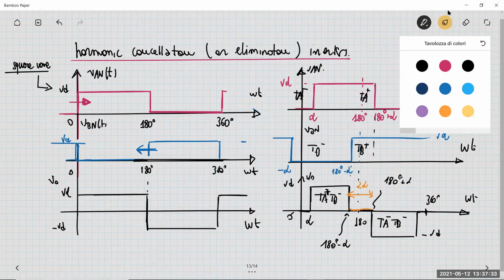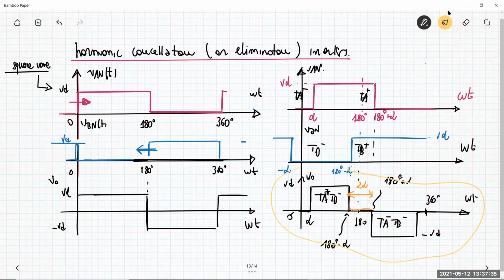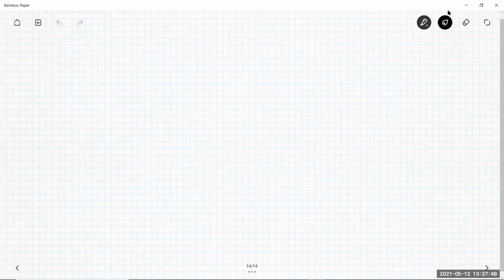Let's now have a closer look at this waveform, because we want to compute the spectrum of this voltage, and understand if there is some possibility to simplify the output spectrum, eliminating some harmonics.